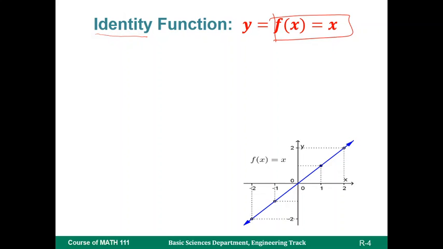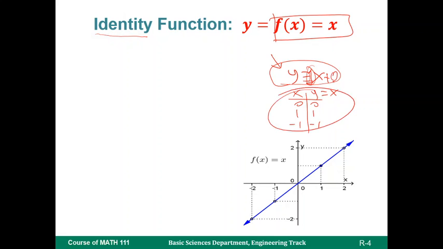Now, if you draw the graph of this function, you will get y equals x. You can take the points (0, 0), (1, 1), (-1, -1). And when you plot them, you will see this is a line equation, like slope times x plus b, where the slope is 1 and b is 0 here.